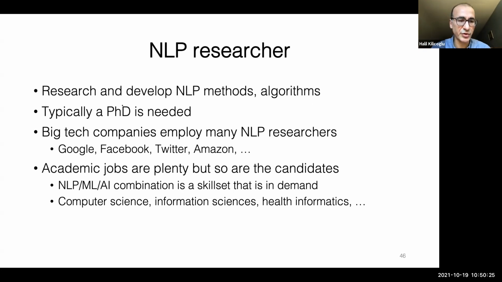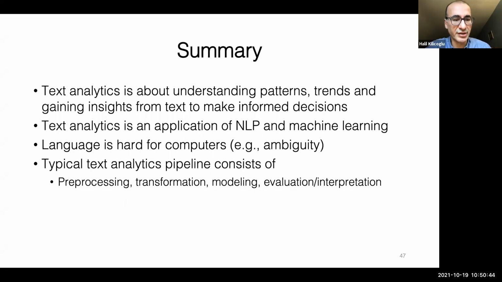So Google, Facebook, Twitter, and Amazon have a lot of NLP researchers. These people not only use existing tools and methods, but they develop them, or create new ways of doing some of these tasks. So it's more research oriented, and typically a PhD would be needed for these jobs.